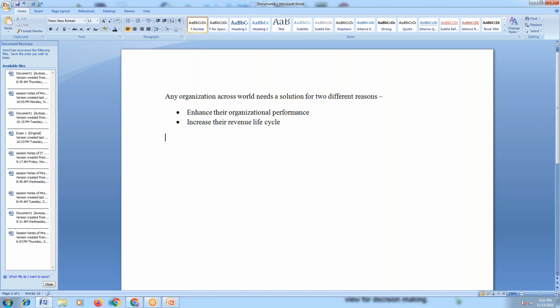So whatever explanation you provide is from the functional side, not from the technical point of view. Hence, what we require here is an intermediary who understands the requirements and provides solutions. This is where the business analyst role comes into the picture.